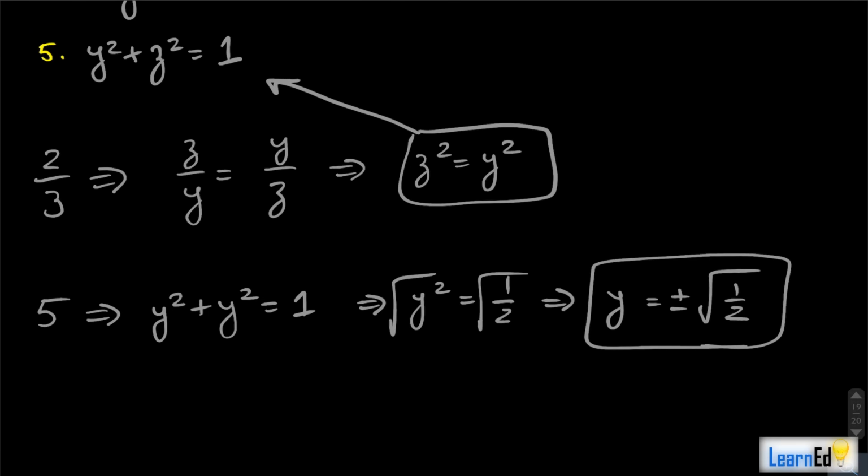So when y is positive rad 1/2, z can be plus or minus rad 1/2. If y is positive, then z can be positive. If y is negative, z can be negative. Or it can be the other way around, because the sign doesn't matter, okay? So if y can be 2 things, z can be 4 things, okay?